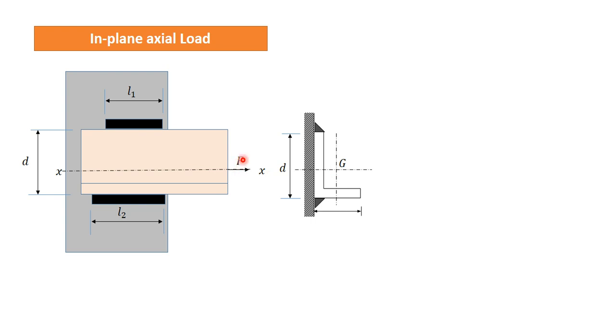So this F is passing through the CG, along the length of the member, and that is why it is an axial load. We apply load F through this CG so that there is no unbalanced moment on the weld. Basically we are reducing the stresses on the weld by applying the force F through the CG, as we'll see.